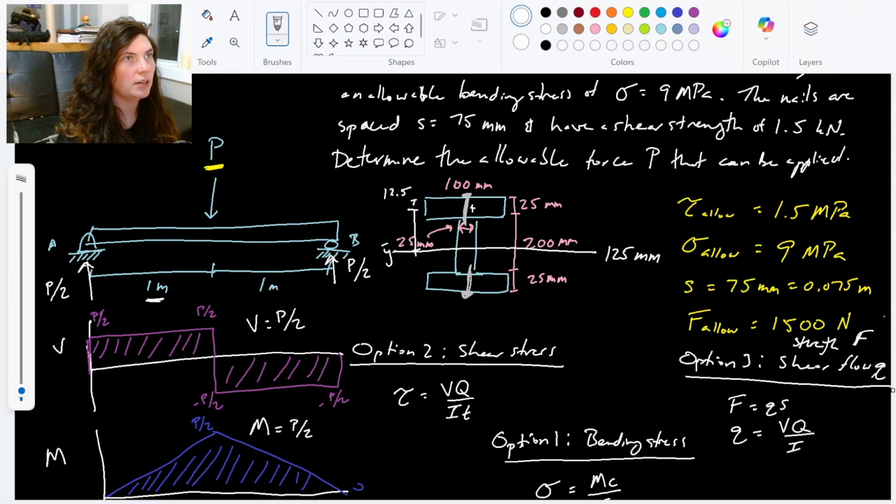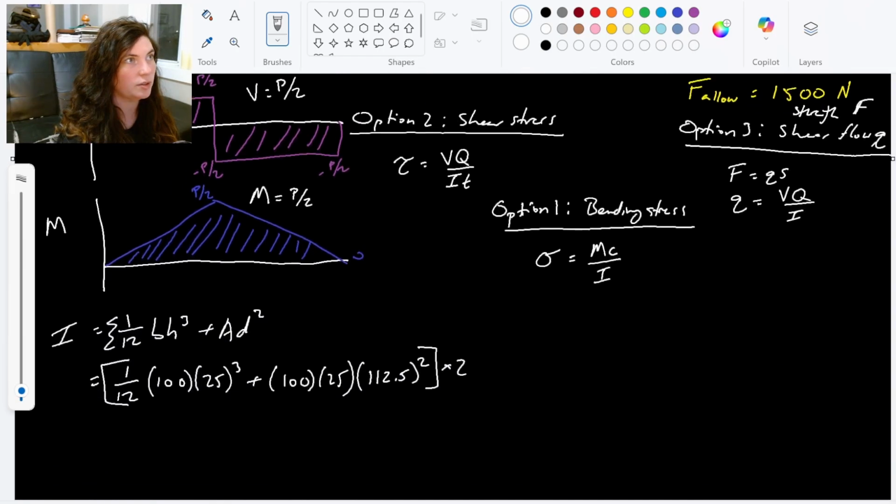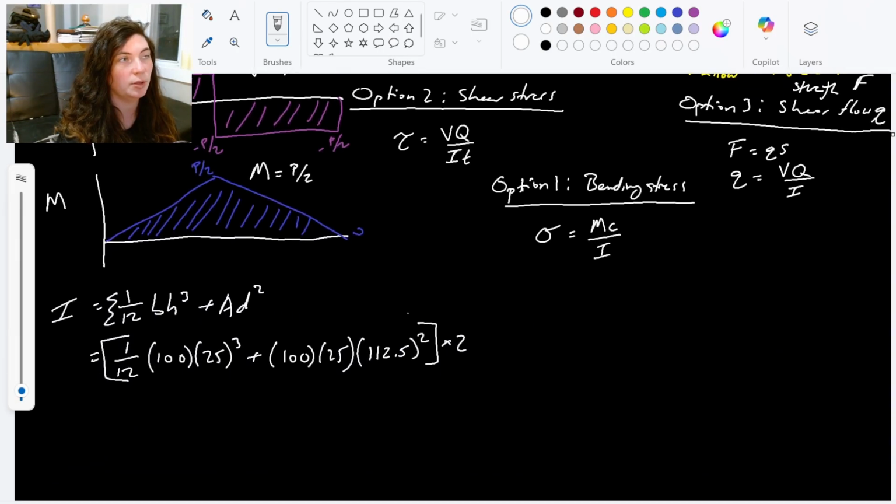And then we'll do that middle rectangle there. And very conveniently, this middle rectangle aligns with the center of the centroid, right? The center of this rectangle is also the same as the center of the centroid. So there is no AD term that we have to worry about for that. The AD term would just be 0 because distance to the centroid is 0. So we only need to add that 1/12 base.